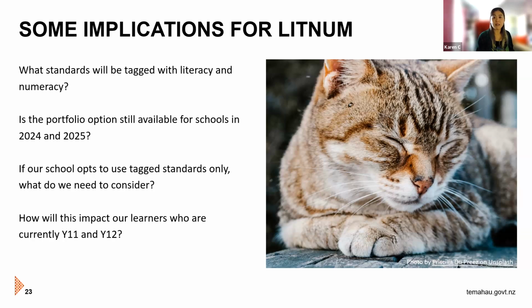Any credits that are tagged with numeracy will be attributed to the numeracy co-requisite first. Any remaining standards that learners achieve that are tagged with numeracy will go towards the 60 required for NCEA level 1. So it means that if your school opts to use the tagged standards only across both literacy and numeracy, it means that learners will effectively need to gain 80 credits. Right? So that is something to keep in mind if that is the route that your school would like to go down.